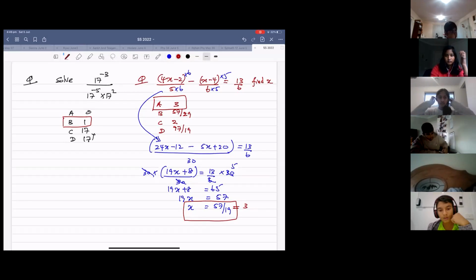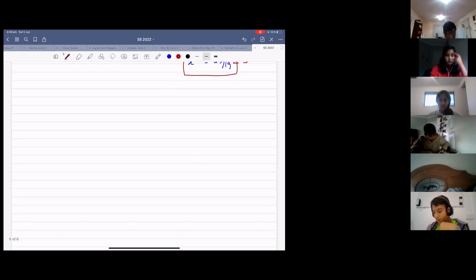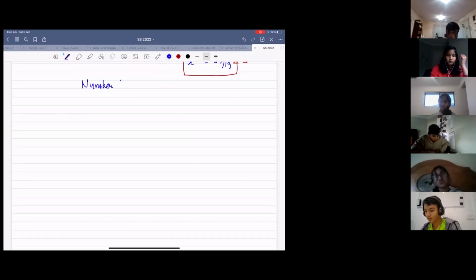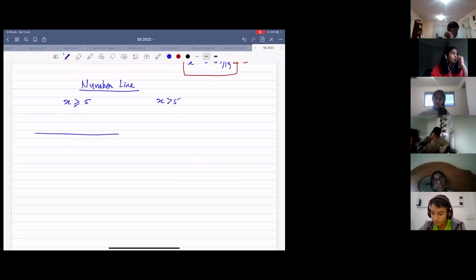Then, today I need to teach you number line. You know this, but we'll understand. Number line. If you have x greater than or equal to 5, or x greater than 5, how do you do that? This is your number line, right?